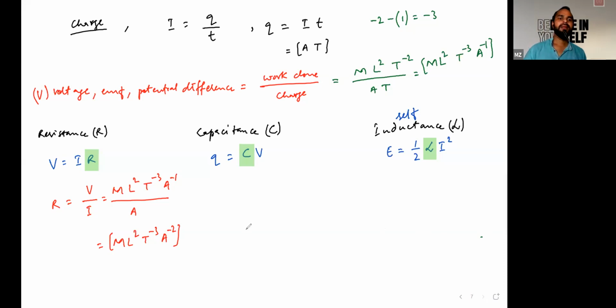Good, Ellen. So we have just defined these three terms, R, L, and C. On the basis of this, there would be some arrangements.